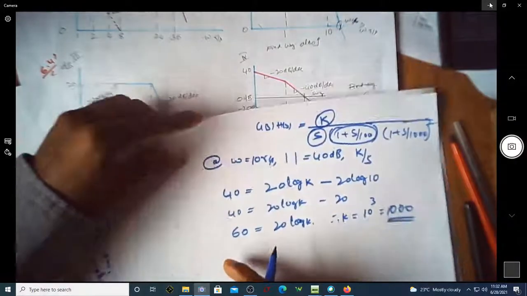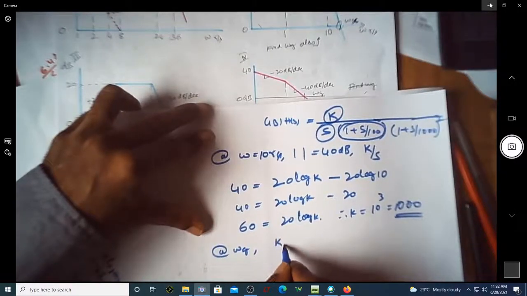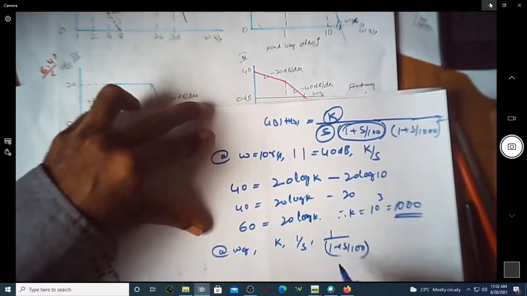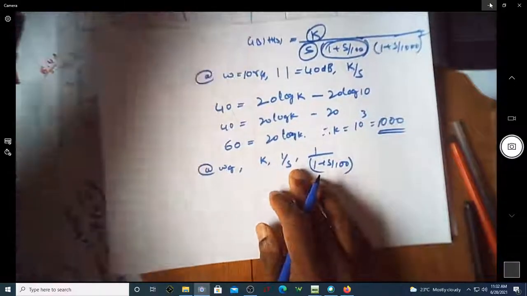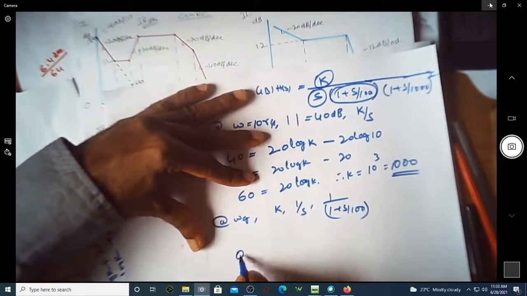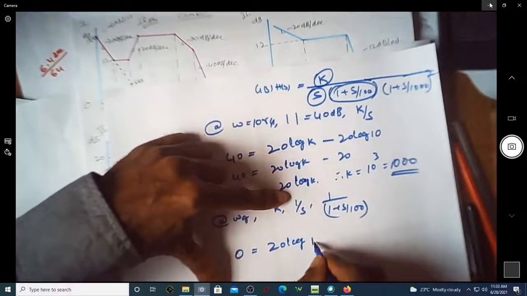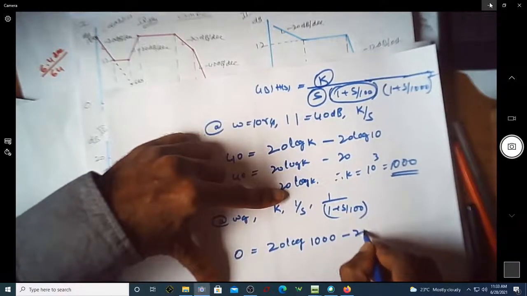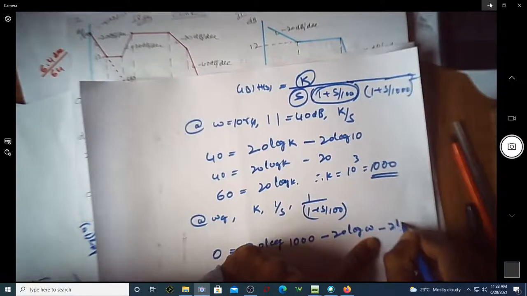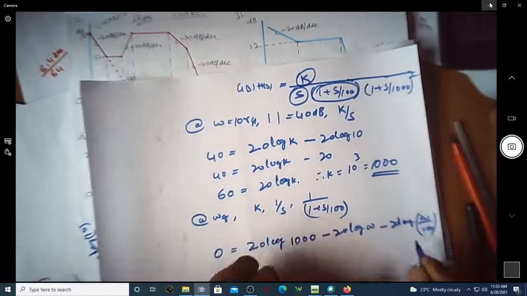So at omega g, I know that magnitude 0 dB is equal to 20 log of k, which was found to be 1000, minus 20 log of omega, minus 20 log of omega by 100.